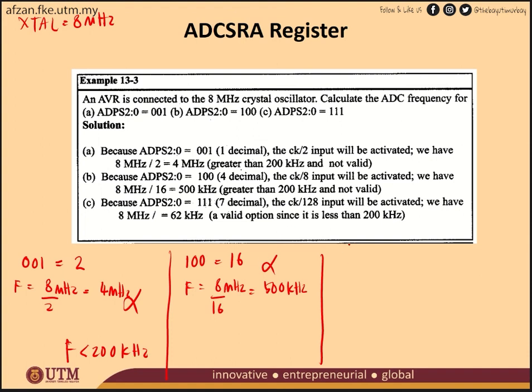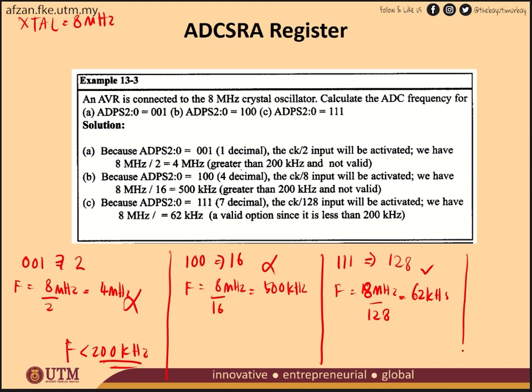Okay, let's try 111. The prescaler of 111 is 128. So F equals 8 megahertz divided by 128, and you get 62.5 kilohertz. Can you use this prescaler? Yes, you can, because it is lower than 200 kilohertz.